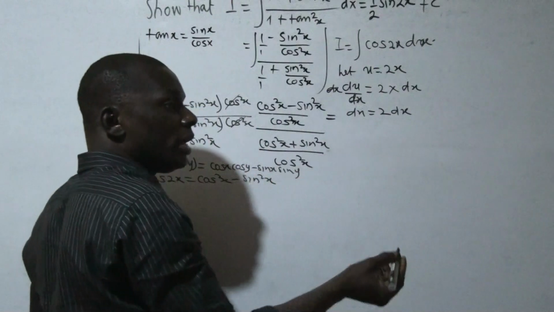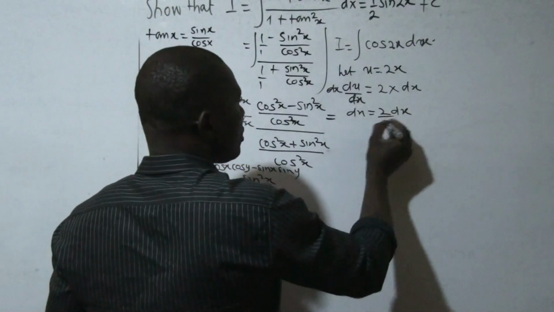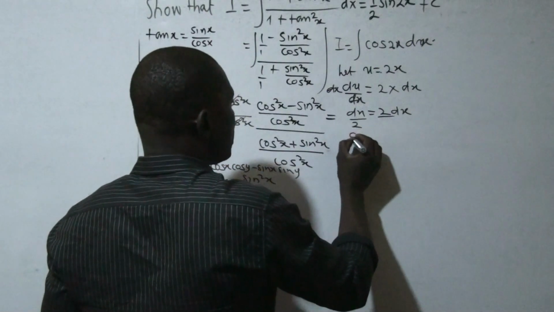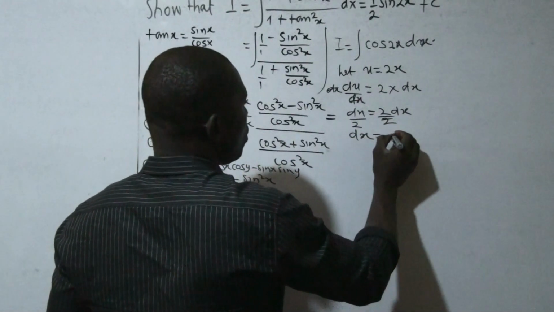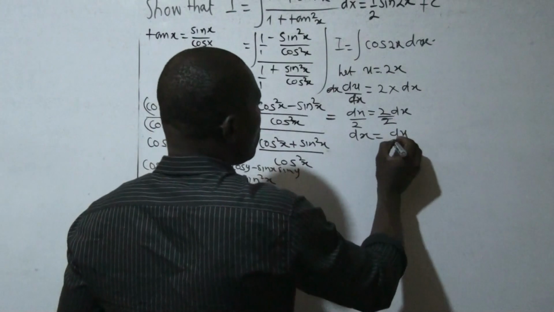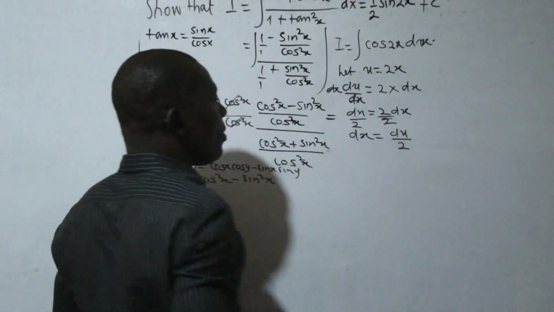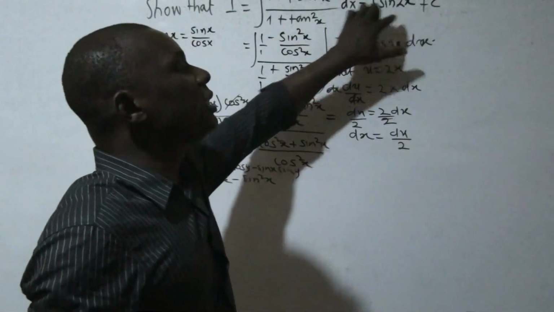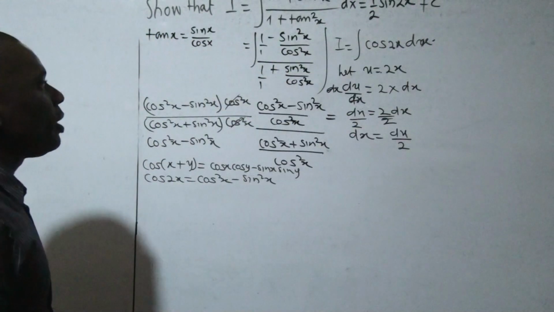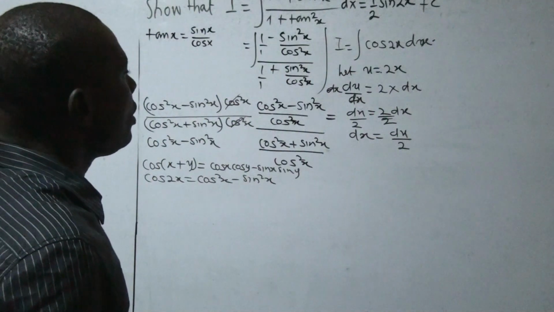We want to make only dx the subject of the formula, so we divide both sides by 2, so that dx is equal to du over 2. So we will replace dx in this expression with du over 2.